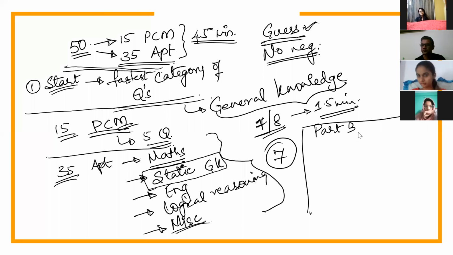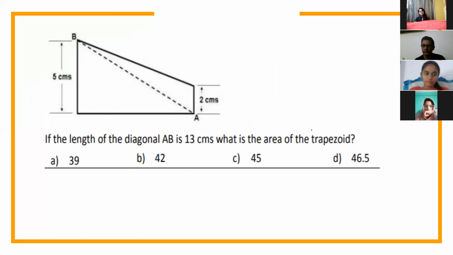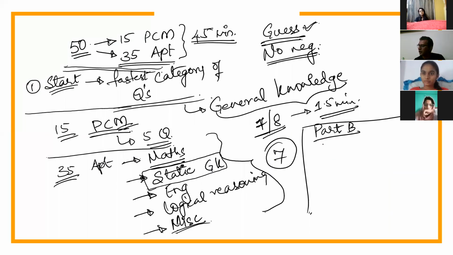Part B has 35 questions or 50 questions, and how many minutes? 45 minutes. Done? Now, let's understand this. Let's assume I am a person who does not like chemistry. I hate chemistry. In reality, I do hate chemistry.